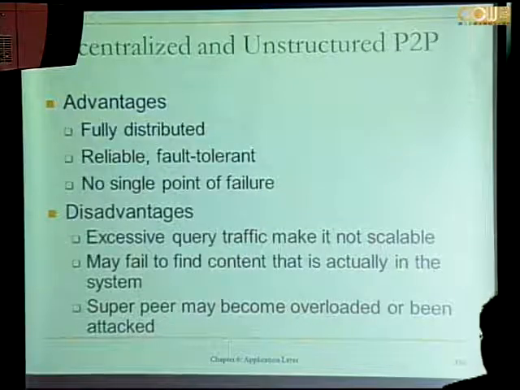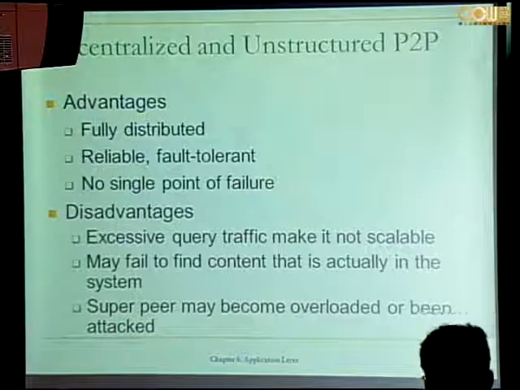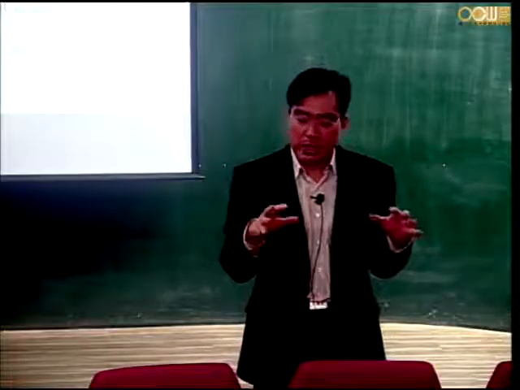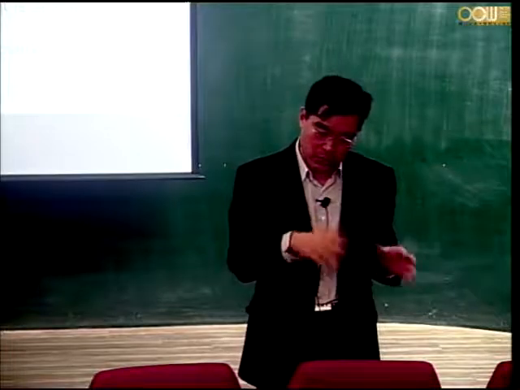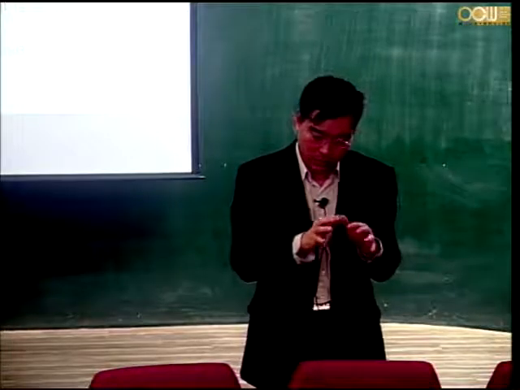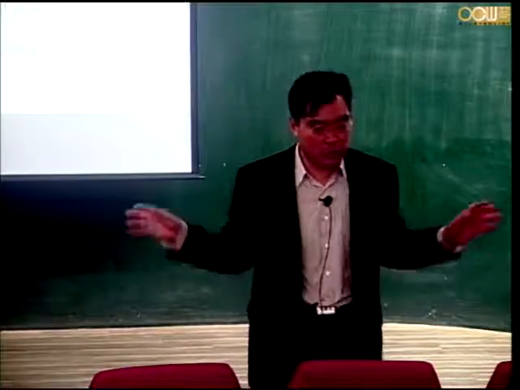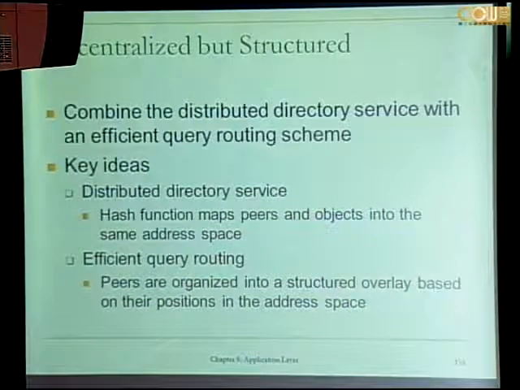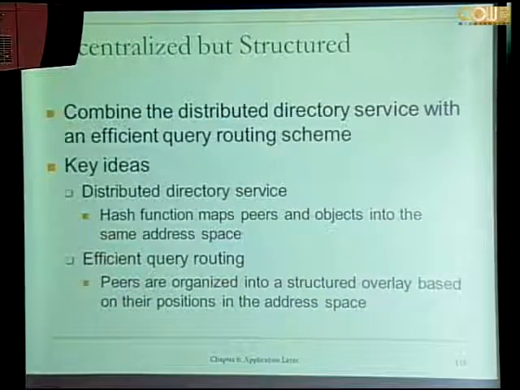One is between super peers: we want the super peers to be fully aware of each other. Also between the peer and super peer, we want the super peer to disappear. We want to be decentralized further. So we want a decentralized but structured P2P network by combining the distributed directory service with an efficient query routing scheme.